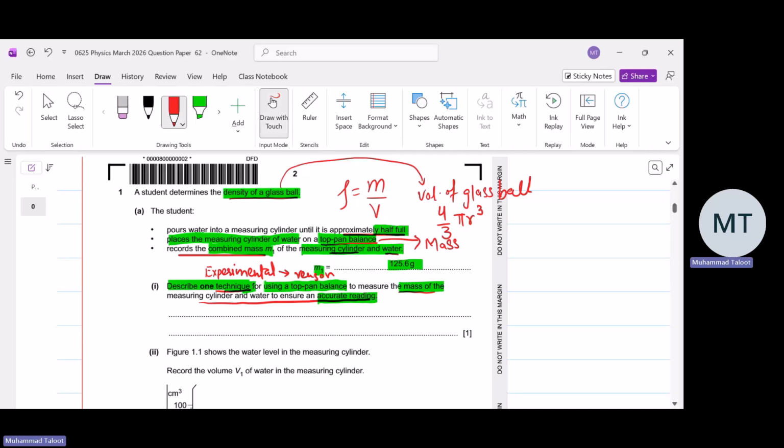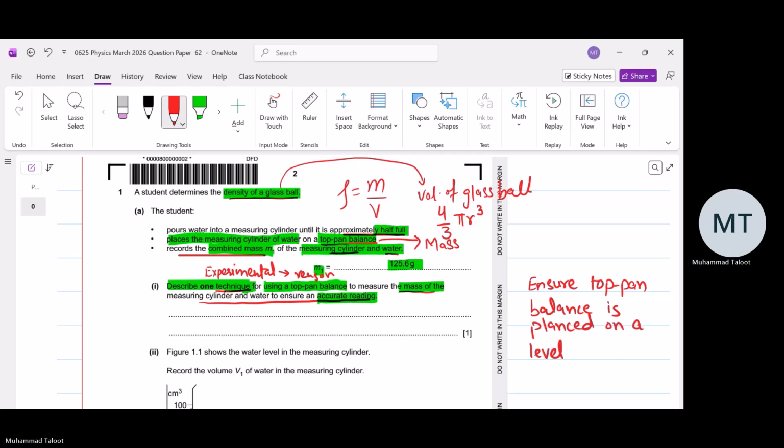So what I would be suggesting here, in short, is that the top pan balance is placed on a level surface. Level surface. This is very important. If level surface is not there, it means your top pan balance is not going to be balanced. Top pan balance should be level in a proper way.